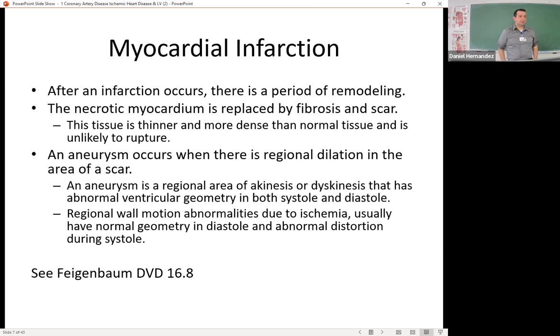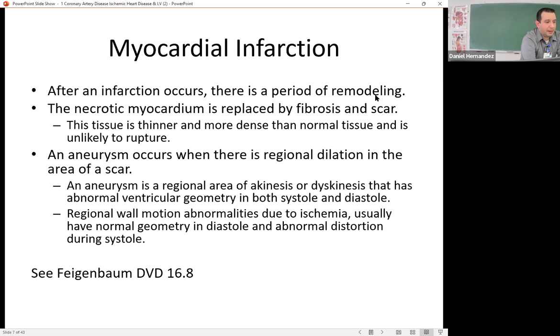So myocardial infarction. After an infarct occurs, so this is myocardial tissue that's gone through a period of time without receiving blood supply, there's a period of remodeling. So the heart's going to reshape itself, the way it contracts and remodels. There are going to be changes in the overall dimensions and shape of that heart.